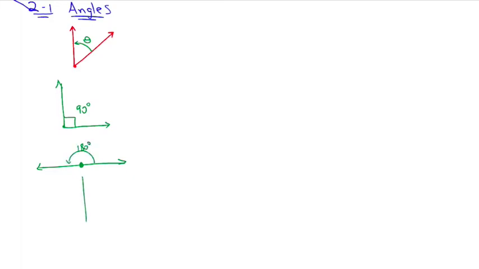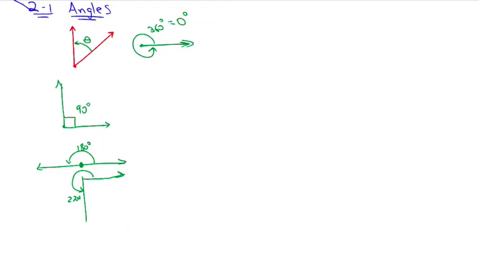If I rotate my angle all the way around until it becomes a right angle again, 270. So the opening is going to be 270 degrees. And then if I go all the way around and wrap it up so that my two rays are lying right on top of one another, the rotation would be 360 degrees, but that's the same thing as 0 degrees, since they land right on top of it.